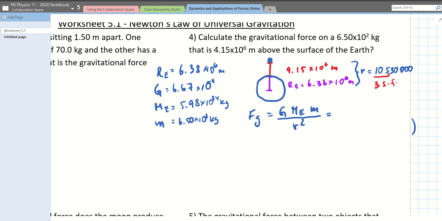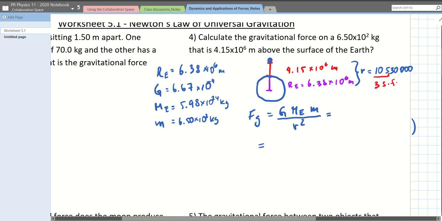I wrote the equation already here, so all we have to do is plug in the values for our masses and our distance away. So we have 6.67 times 10 to negative 11 for the gravitational constant, and the mass of the Earth. Again, depending what value you use for the mass of the Earth, you might get slightly different answers.